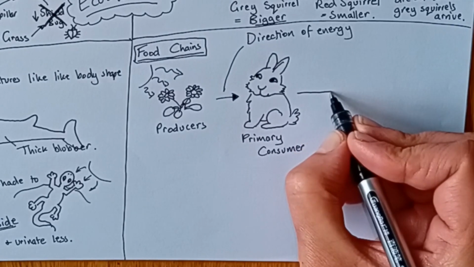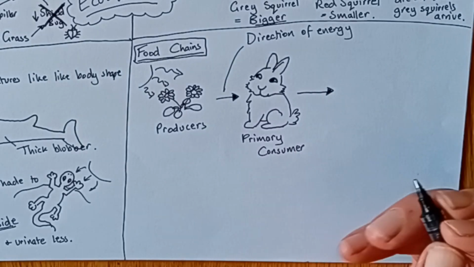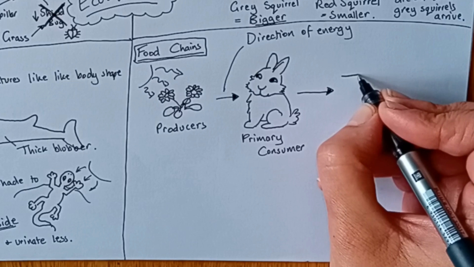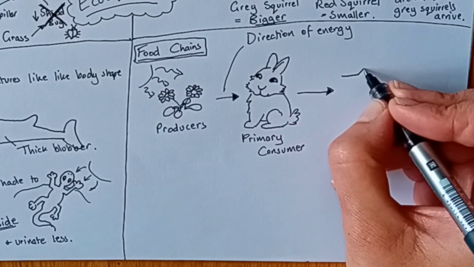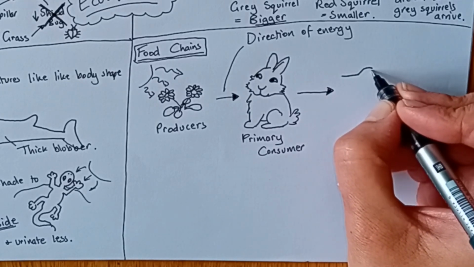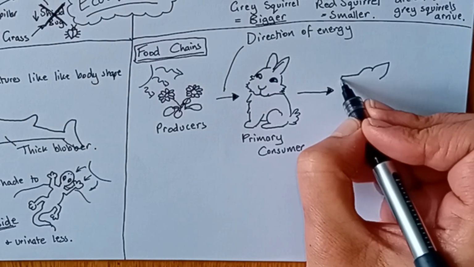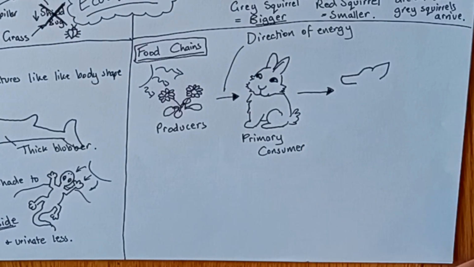The rabbit then could be eaten by the next stage of a food chain, which is going to be a fox. Let's just draw the fox's face. They've got quite long noses.